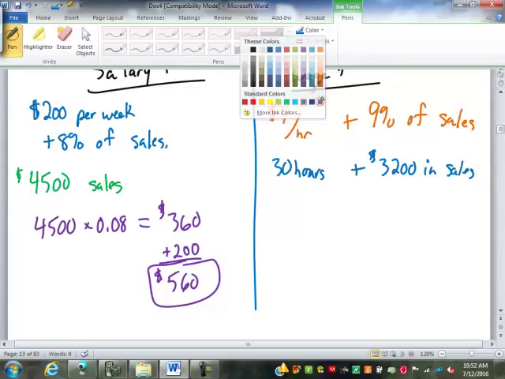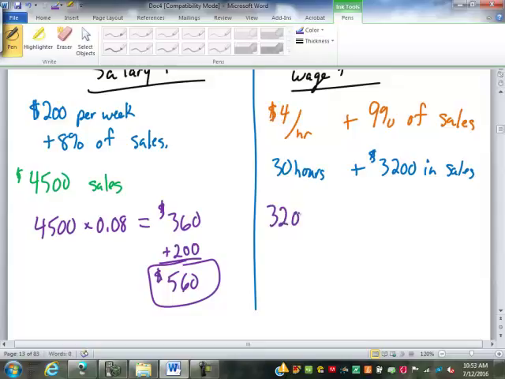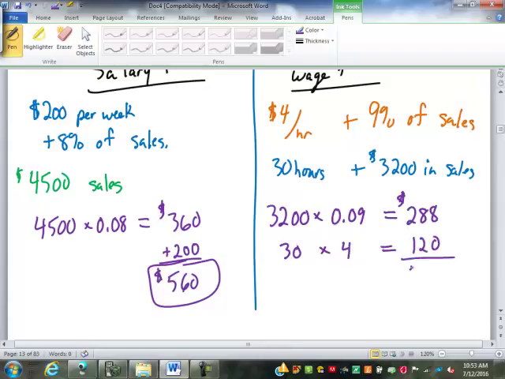Well, there are two things that have to be done here. $3,200 times 0.09, which is going to be, what, $288? Yep. Then what else do we have to do? 30 hours times 4, or 4 times 30, is $120. So $408 is your pay for that week.